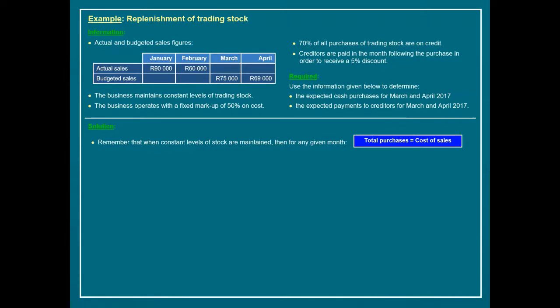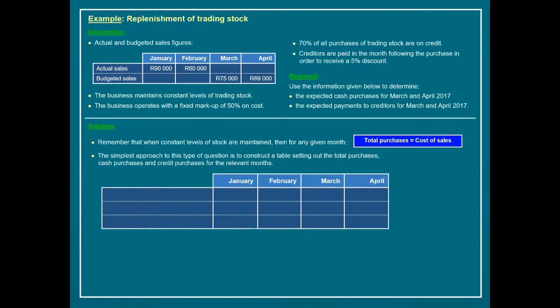Remember that when constant levels of stock are maintained, then for any given month, the total purchases is equal to the cost of sales. The simplest approach to this type of question is to construct a table setting out the total purchases, cash purchases, and credit purchases for the relevant months. So we deal with January, February, March, April.